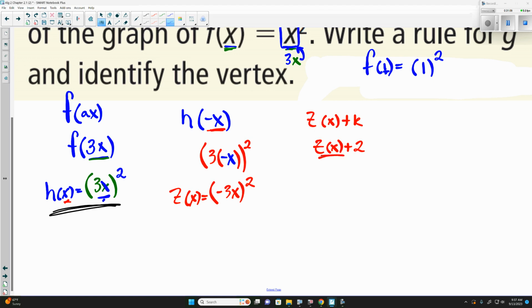Since now this is the first one for this problem, we just have x inside the parentheses for z of x, which means I can take its function, negative 3x squared, and add 2 to it. Now, realistically, I could put parentheses around it, but I think at this point that'd be a lot of parentheses. It might be a bit confusing. But that would be our final answer. G of x equals parentheses negative 3x close parentheses squared plus 2.